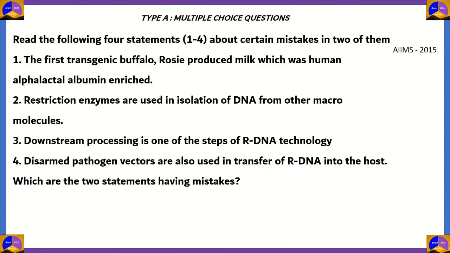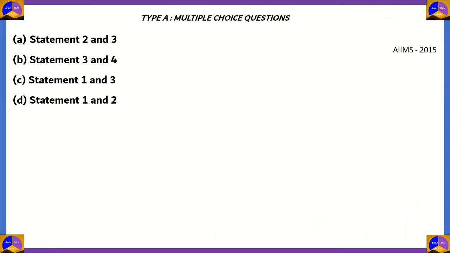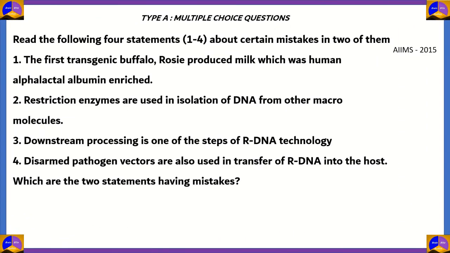Now let's look at the next question. Here again, we have to read the following statements and find out mistakes. So we need to find out which of these statements have mistakes. Two of these statements are correct, two of them are incorrect. So let's look at statement number 1. It says the first transgenic buffalo, Rosie, produced milk which was human alpha-lactalbumin enriched.